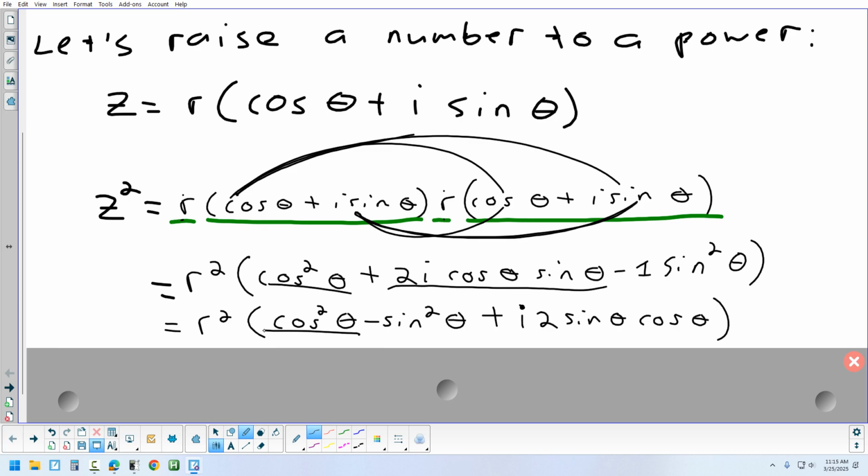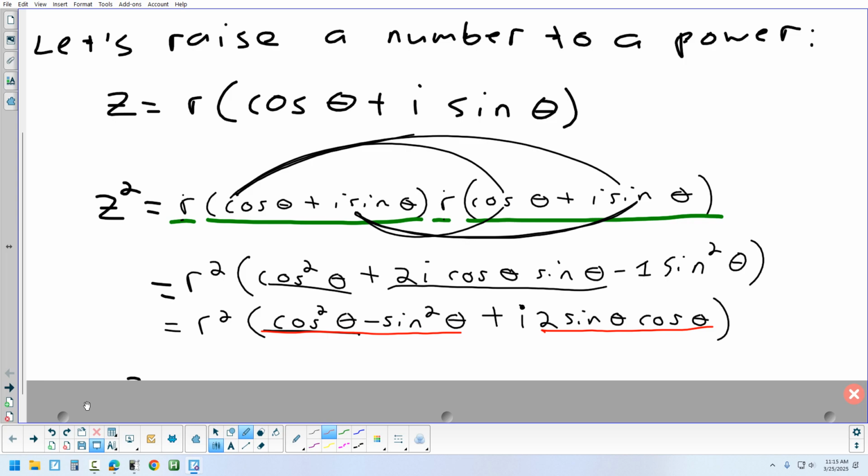So all I did was reorder some things. Cosine squared is still right there. Sine squared with the negative in front is right there. And the 2i cosine sine. All right, so now let's focus on this and then that. What is cosine squared minus sine squared? Cosine 2 theta.